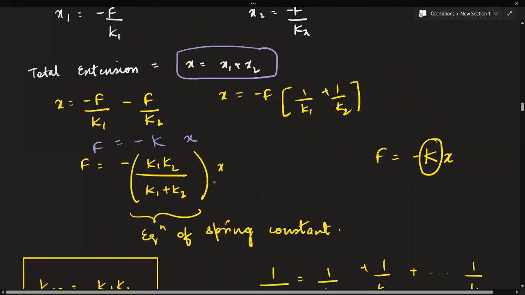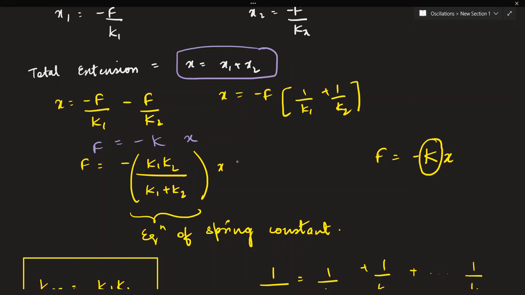Now see, whatever terms are left apart from the extension produced and the force, that is apart from F and X, and ignore this minus sign because you know it represents just the direction of force, all of these you have to remember are the spring factor.